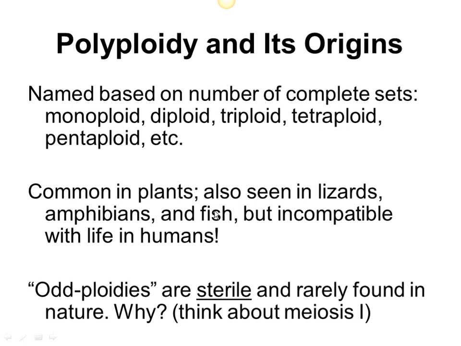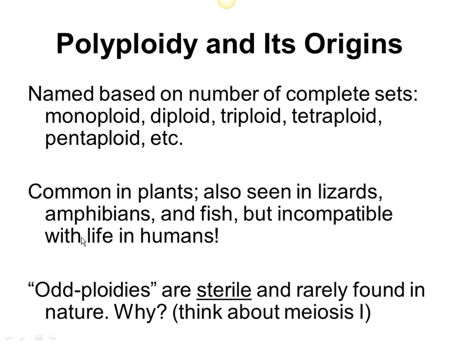You can also find polyploidy in lizards, amphibians, and fish, usually just triploid. But you won't find humans that are viable that are polyploid. There are some fetuses that are triploid that have been recovered, but they aborted spontaneously.